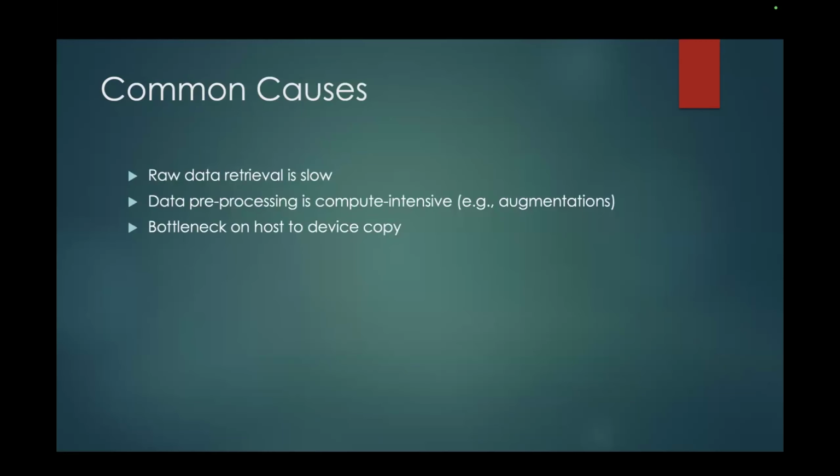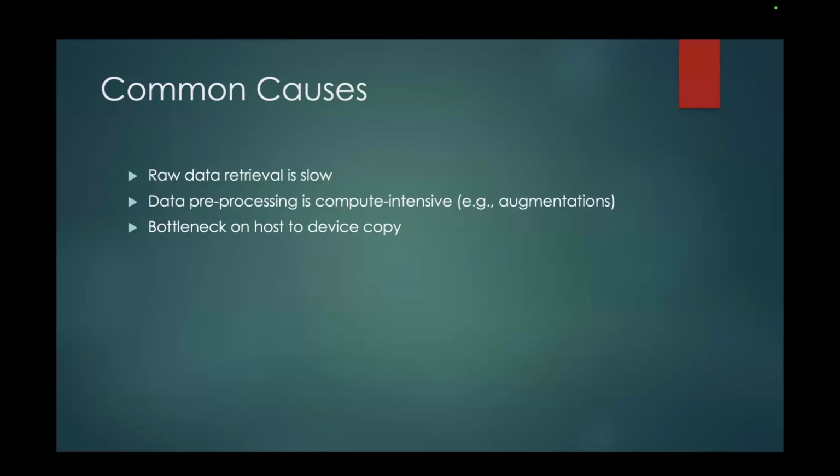What are the common causes of GPU starvation or bottlenecks on the data input pipeline? The most common causes are slow retrieval of the raw data from storage, and CPU intensive data preprocessing, where we're making the CPU work extremely hard, sometimes overusing the compute capacity that it has.